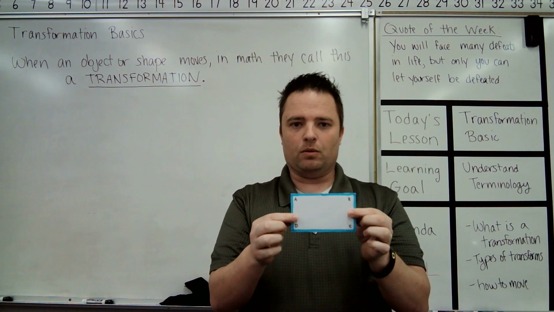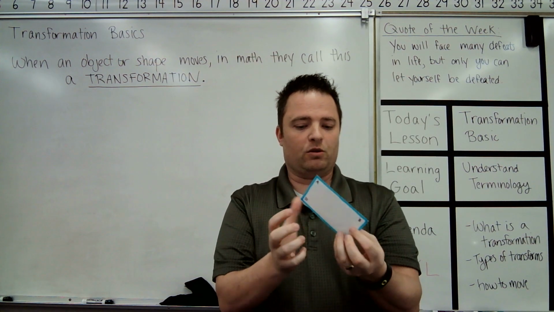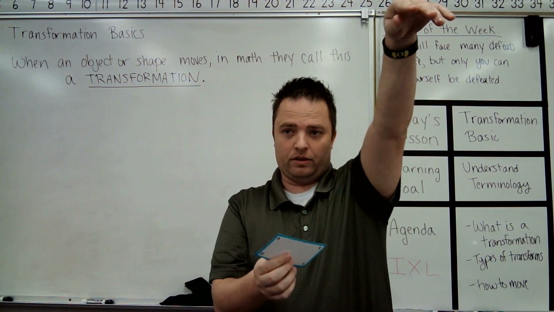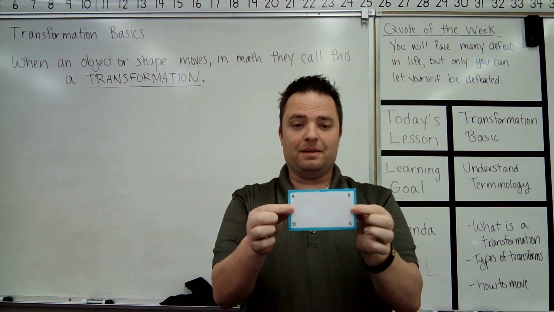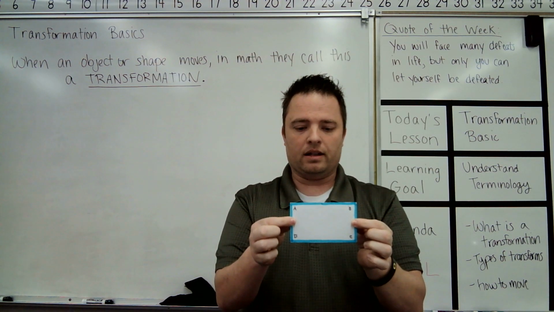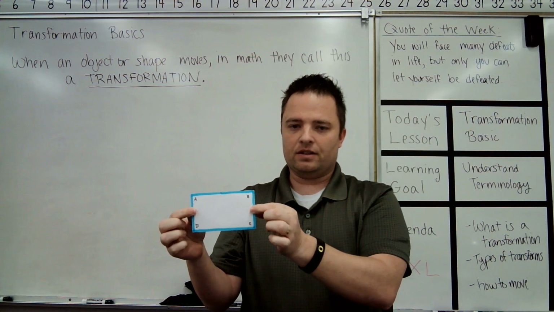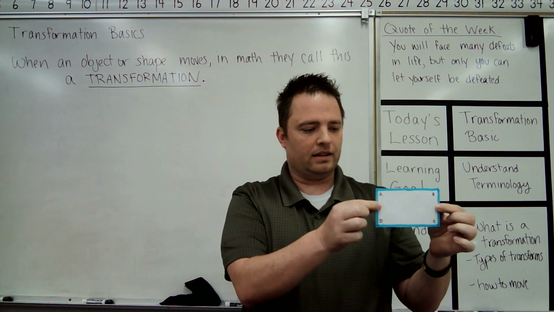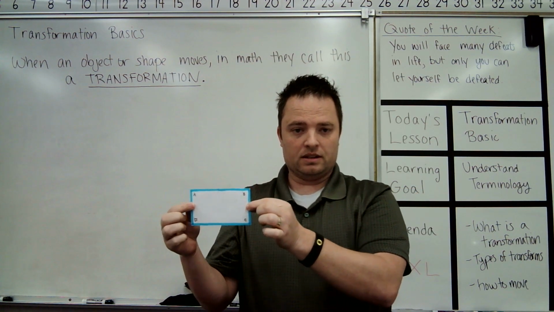Now, for this video, we're not talking about what would happen if I folded it in half or I crumpled it into a circle and then threw it on the other side of the monitor. But we're going to talk about movement that keeps it the same size, okay? So let's focus on the movement that first takes it left, takes it right. Okay, in this video, we're going to call it sliding left, sliding right.